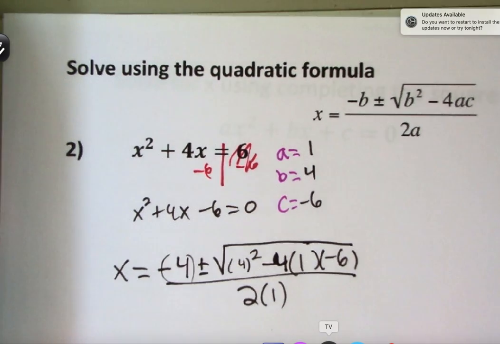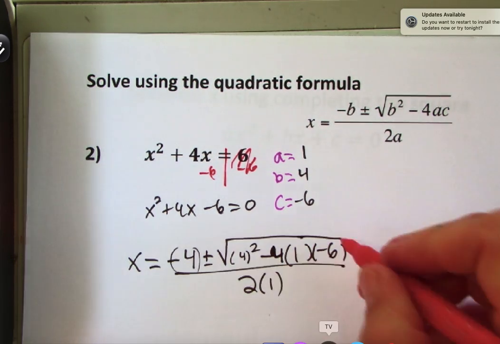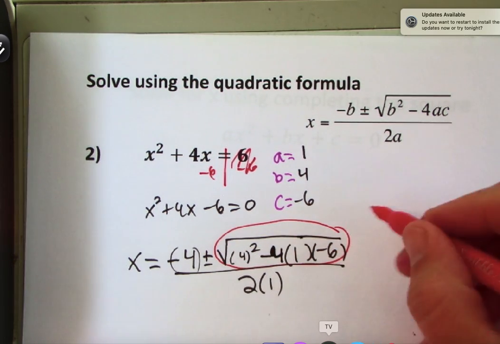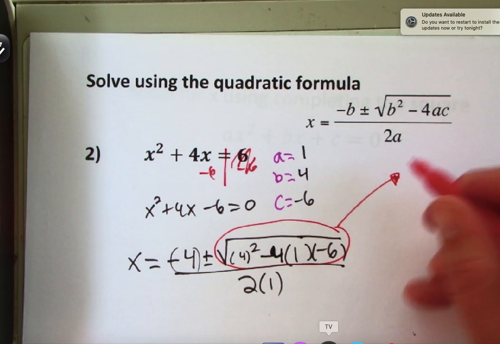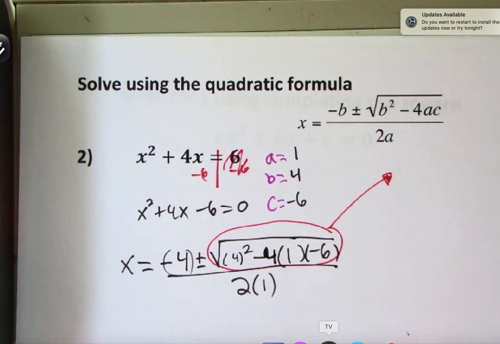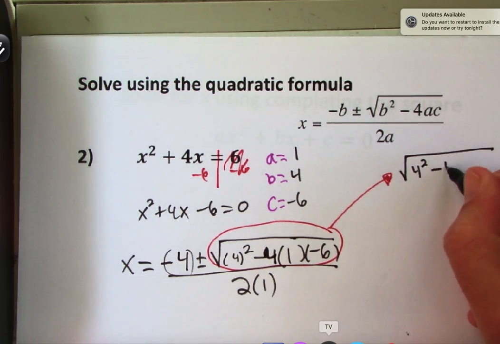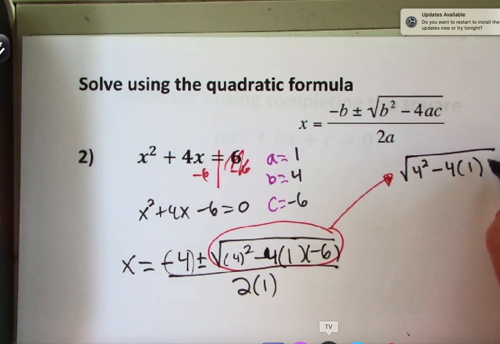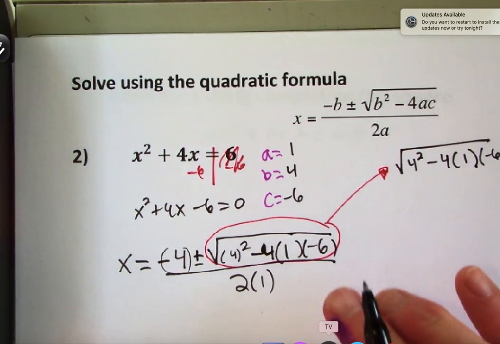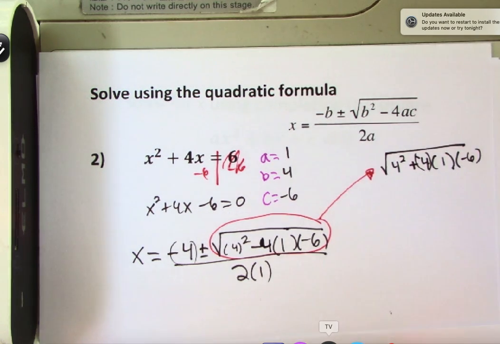One thing that students have found useful in the past, instead of showing all those steps, is to resolve this separately up here, and then we'll bring it back into the formula. So we have 4 squared minus 4 times 1 times negative 6. Remember, I told you to consider this as 4 squared plus negative 4 times 1 times negative 6.